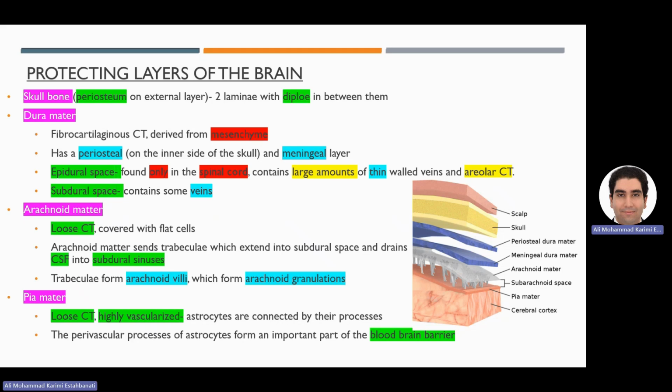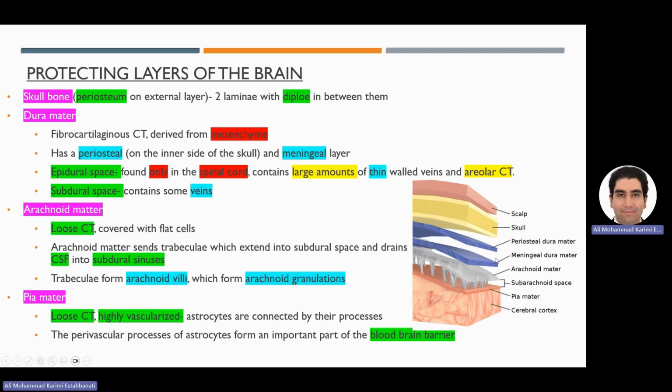Now, the dura mater is basically a fibrocartilaginous connective tissue, which is coming from the mesenchyme cells, and it has periosteal and meningeal layers. If you guys can look at this picture here, between the skull and the periosteal dura mater is a space. This space is called the epidural space.